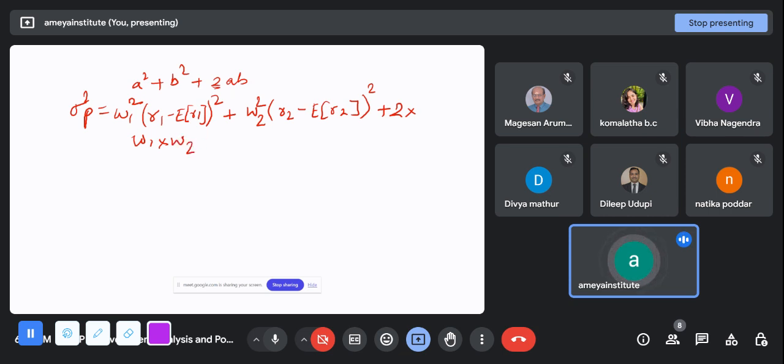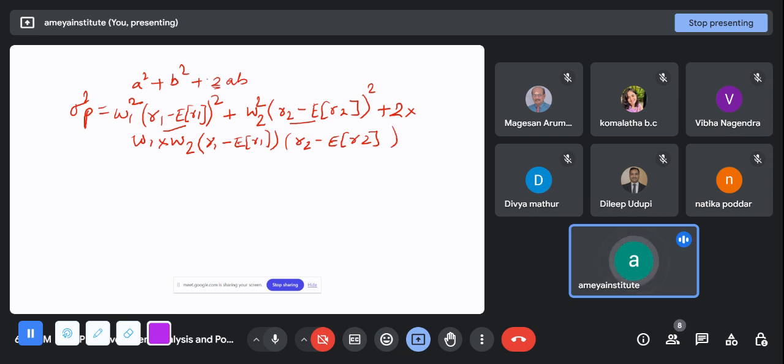Now what is the last one? a into b. So what is a into b here? This is a, this is b. a into b is nothing but (R1 minus expected return on R1) into (R2 minus expected return on R2).